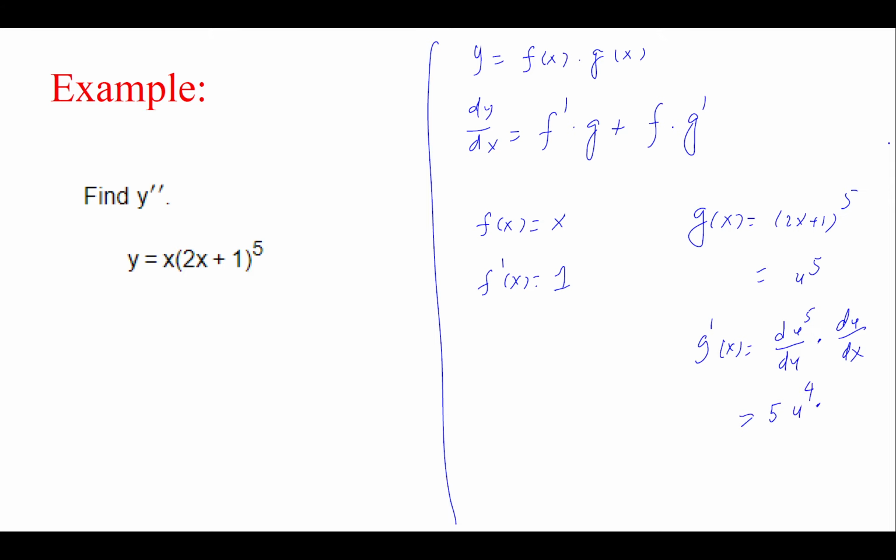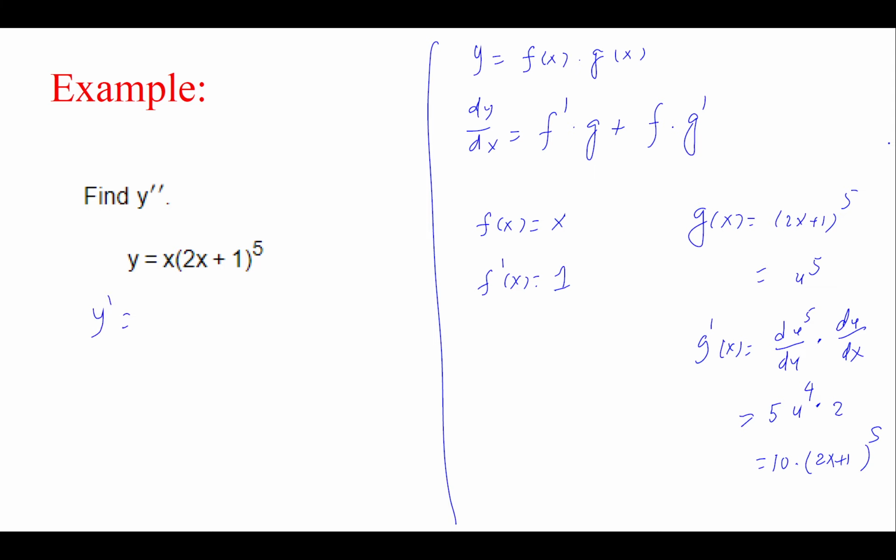And for the derivative of u with respect to x, u is 2x plus 1, so the derivative of u is 2. So eventually it's 10 times u to the power 4, which means 10 times 2x plus 1 to the power 4. This is the derivative, and it can be found by using the chain rule. Now we can use f, f prime, g, and g prime for finding the derivative of y.